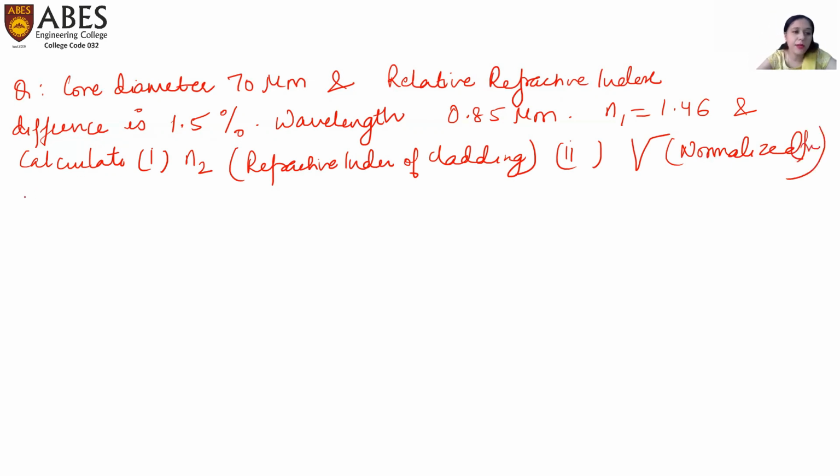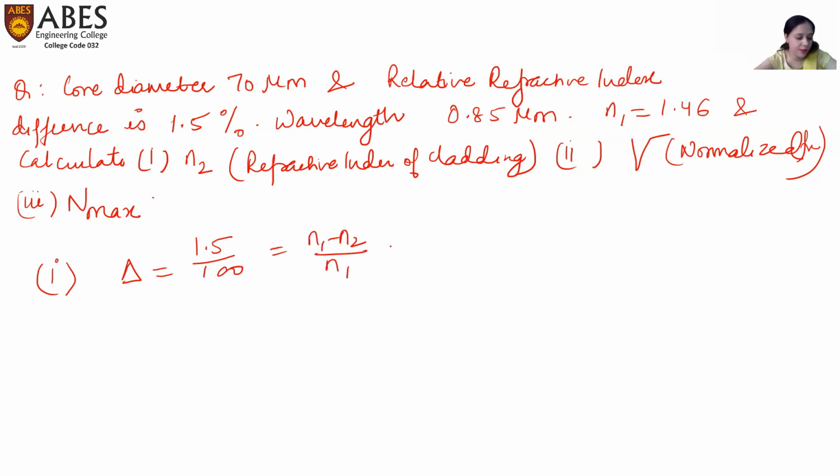And the third part is the maximum number of modes, N max. So coming to the first part, we have fractional refractive index, which is 1.5 by 100. That is N1 minus N2 by N1 is given. So on solving, we are going to get N1 minus N2 as 0.015 N1.